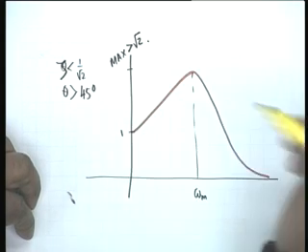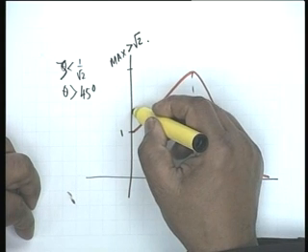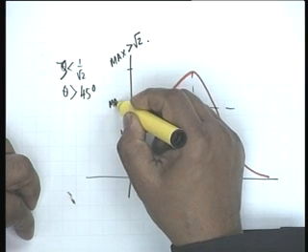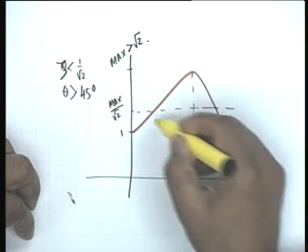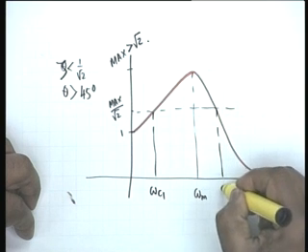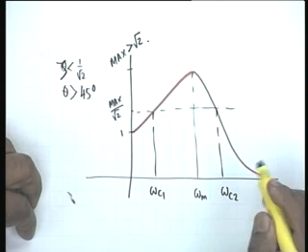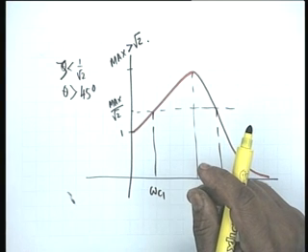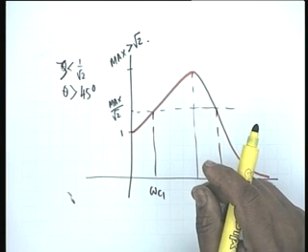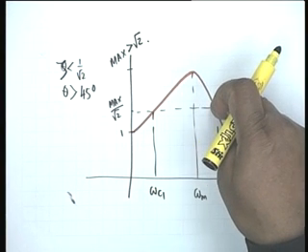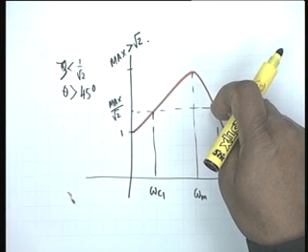and since the maximum is greater than root 2, 1 by root 2 of the maximum shall now occur at two frequencies. Let us call them omega c1 and omega c2. These are the frequencies at which the magnitude response is 3 decibels down from the maximum value. The maximum is taken as 0 dB, then these correspond to minus 3 dB.